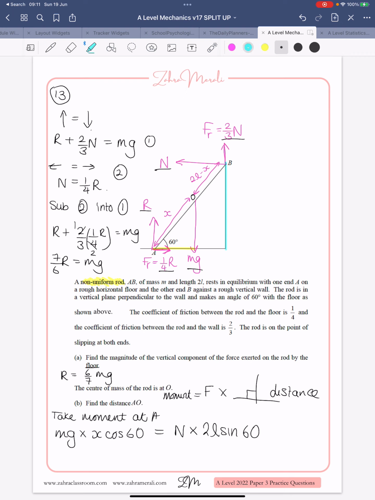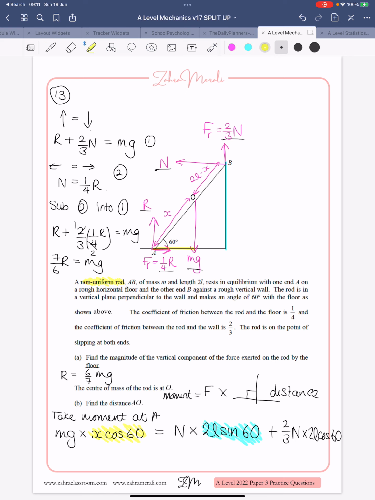That's equivalent to that blue bit, and that's equivalent to the yellow bit. And then we've got plus 2/3 N times 2L cos 60, because the distance that we're looking at is then going to be all the way across.